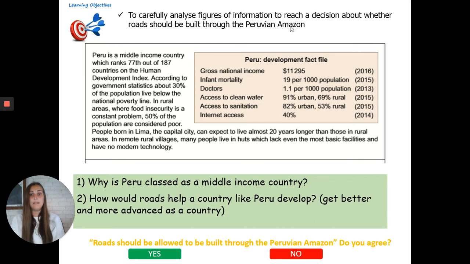But in rural areas, so countryside areas of Peru, that's even greater, and they estimate that 50% of the population in those areas are poor. The capital of Peru is called Lima, and people that live there can expect to live 20 years longer than those living outside in the countryside, which is so unfair. The inequality there is stark.